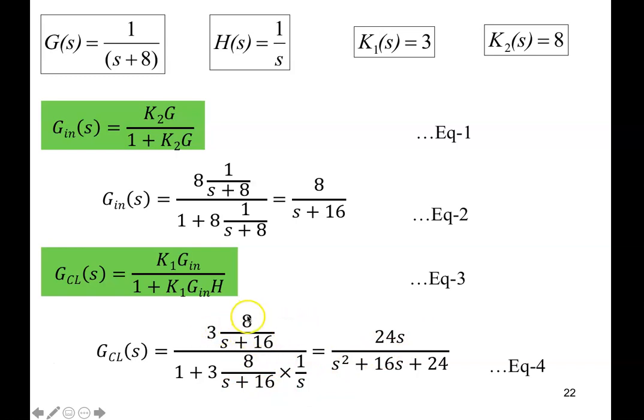So that will be 3 times 8, that's 24, with an S left. So on the top, I have an S. At the bottom, if I multiply S and S plus 16 to 1, that gives me S squared plus 16S. And if I multiply the same term to the second term here, it will cancel the S out, cancel the S plus 16 out, so I end up with 24.